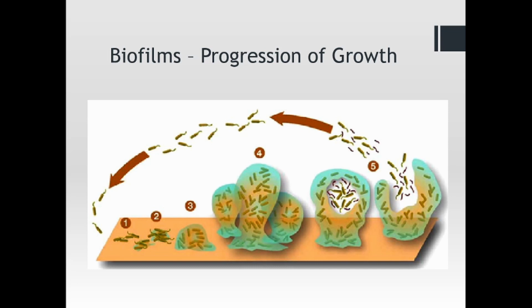Then eventually, at stage 5, the biofilm, at least that particular part of it, becomes too massive to support the growth of all these bacterial cells, and so some of them leave. They get released. Go, bacteria, form a new biofilm, and away they go, and they form the beginning stages of a new biofilm. And so this is how it progresses through the stages of biofilms.